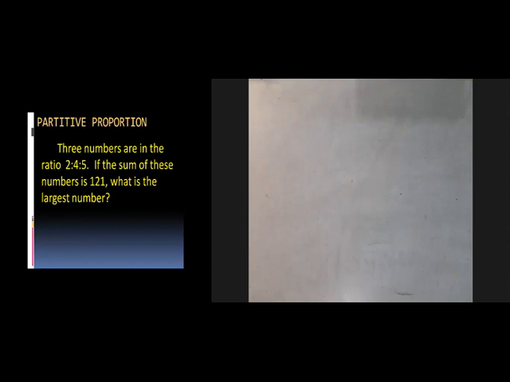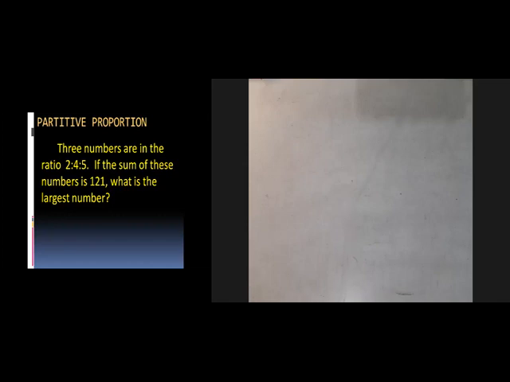So again, we have 3 numbers which are in the ratio 2 is to 4 is to 5. Pansinin ninyo, wala dyang word na cut or divide or whatever. Pero ang clue natin dyan ay yung 2 is to 4 is to 5. Okay, so it's a partitive proportion problem.